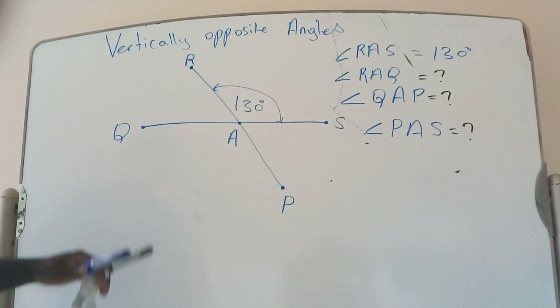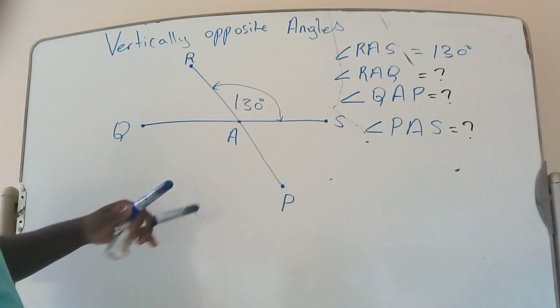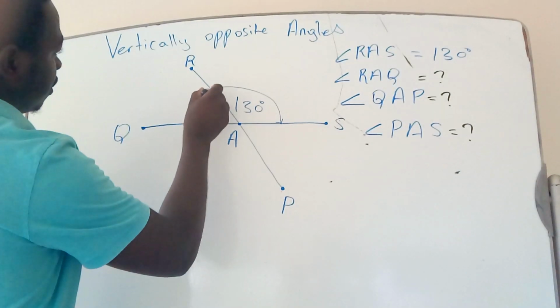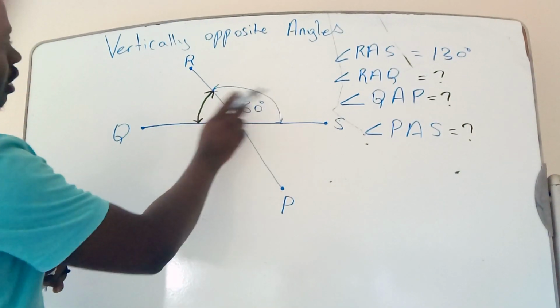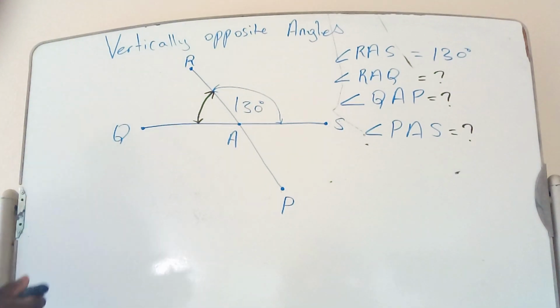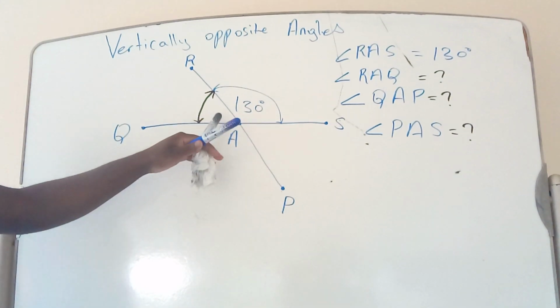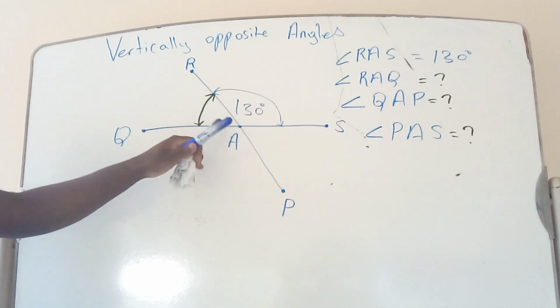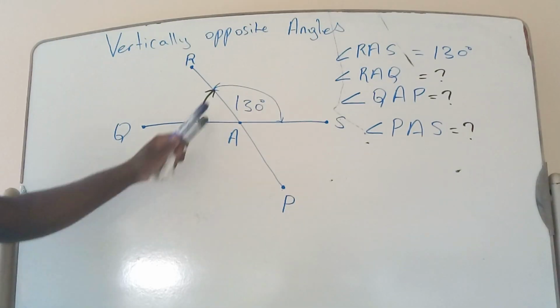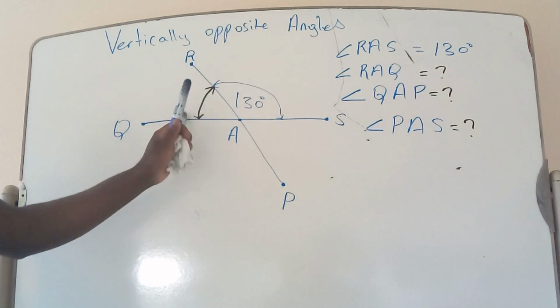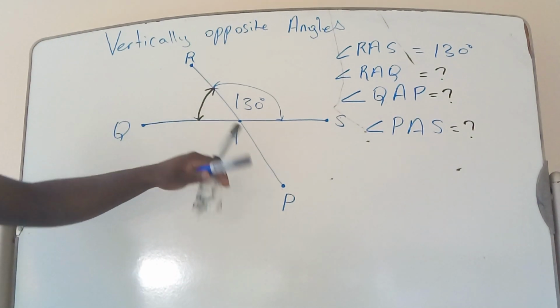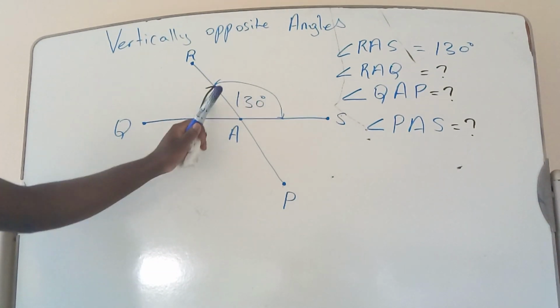Now, if you notice, this angle here and this angle here, they are on a straight line, and are what we call supplementary angles. So these two angles make half a circle, which means that they add up to 180 degrees.